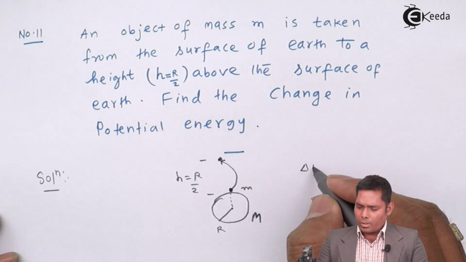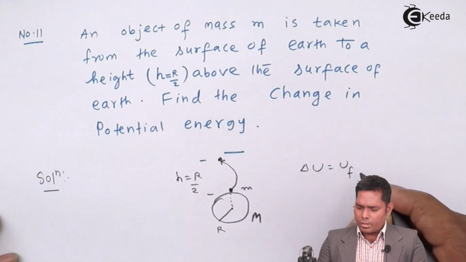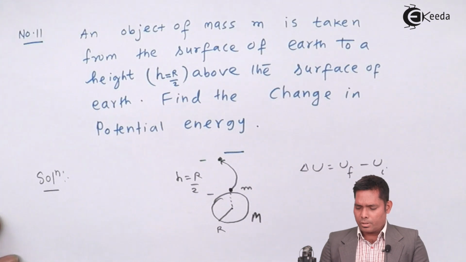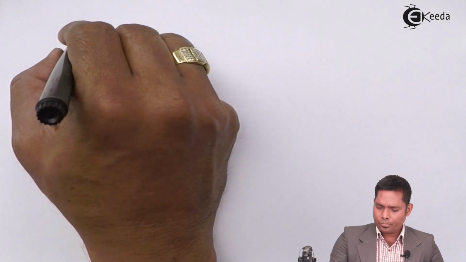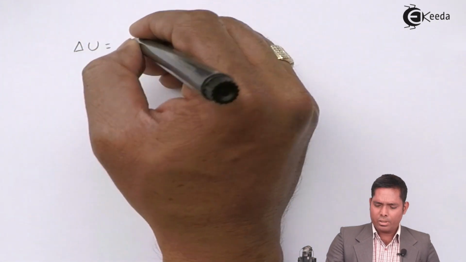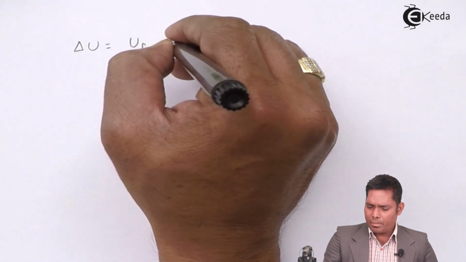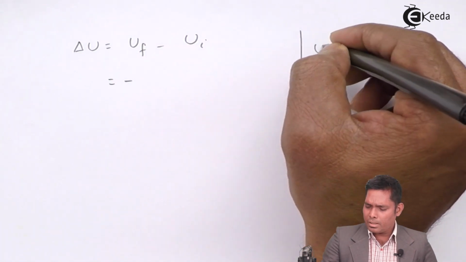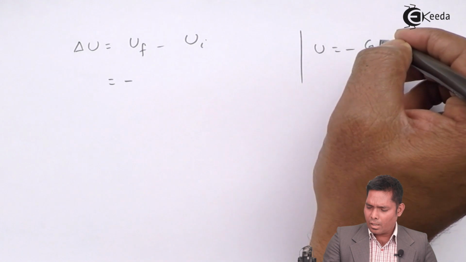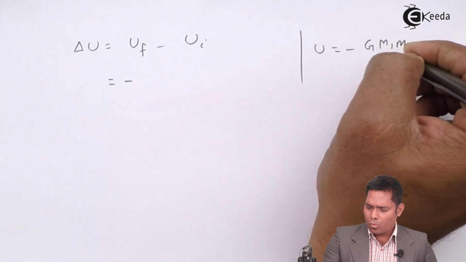So the change in potential energy is final potential energy minus initial potential energy. What is the final potential energy? Minus, because the potential energy formula is minus G m1 m2 over r.